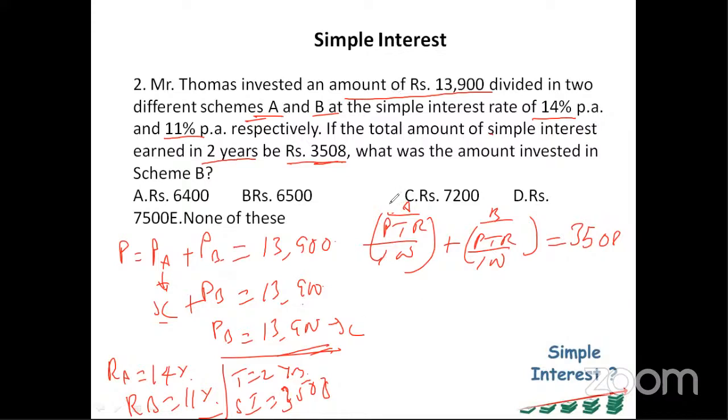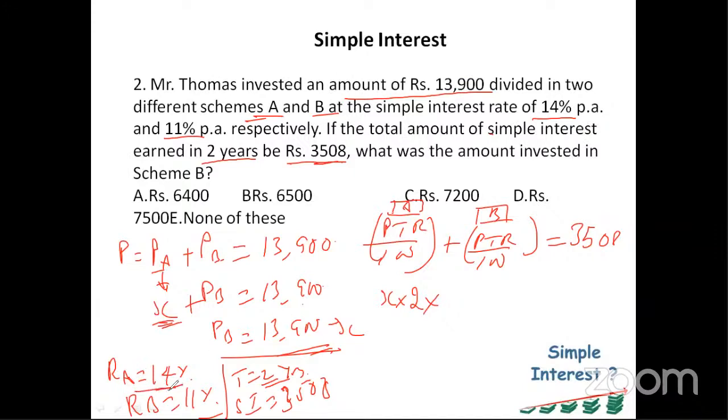Now you observe. PTR, this is for the scheme A, then it is for the scheme B. Now, scheme A, what is the principal? It is principal A, which we have taken as X. So I'm going to put X here, into what is T, term? 2 years. I will write 2. And what is R for the first scheme?